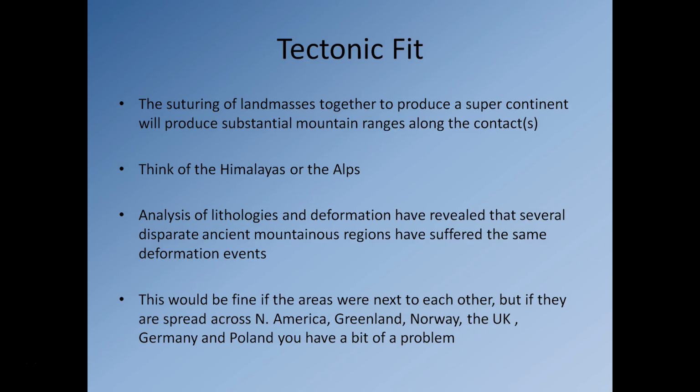We can see once again the rocks have been deformed from a certain direction at a certain time, and it's produced a number of structures that have a fixed orientation to them. Then we go over to areas like the Atlas Mountains in Morocco, in northwestern Africa, and we look at rocks there of the same date, and we see that they have also been deformed in the same way. So they've been deformed from the same direction to the same intensity at the same time, and it's produced similar structures with a similar orientation.